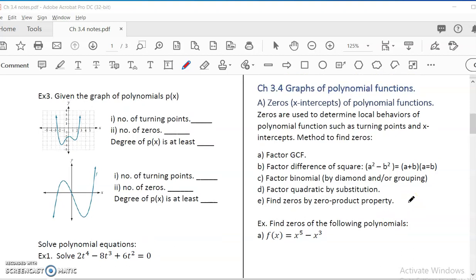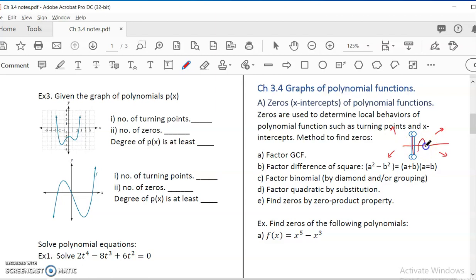In order to do that, we need to understand the features of polynomial functions. Of course, the most important points of a polynomial function are the intercepts, the x-intercepts. They are the zeros, right? So we know polynomial functions have end behavior that goes up and down in different ways, but they go to infinity or negative infinity.